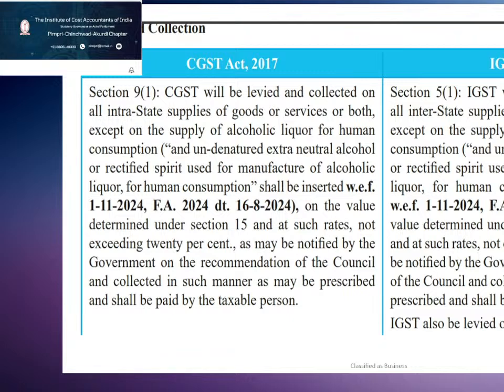So if this type of services are undertaken by any companies, then they have to pay the GST to the government. But if the same services are taken by the central or state government department, they are not required to pay the GST.